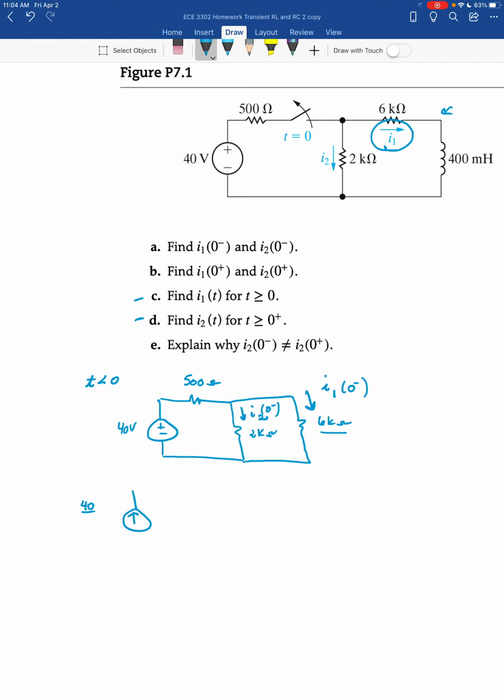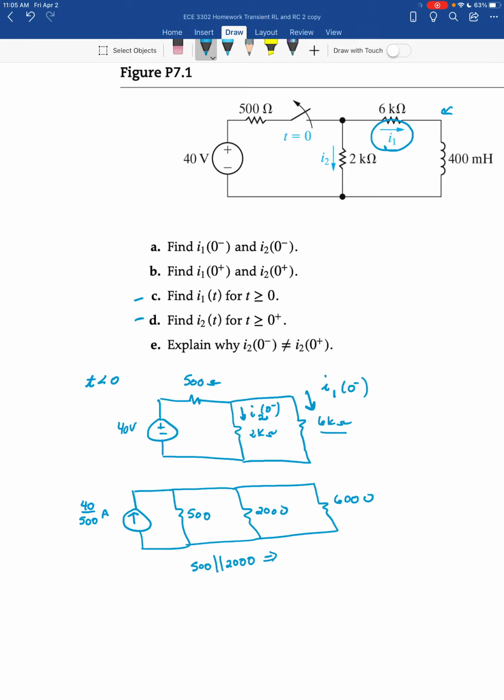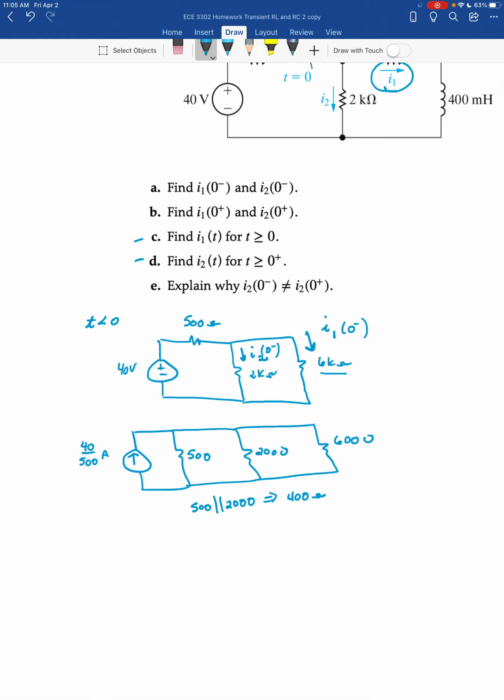That'll give me a current here that's equal to 40 over 500 amps. And then that'll put the 500 in parallel with 2000 and the 6000. 500 in parallel with 2000 should give 400 ohms.